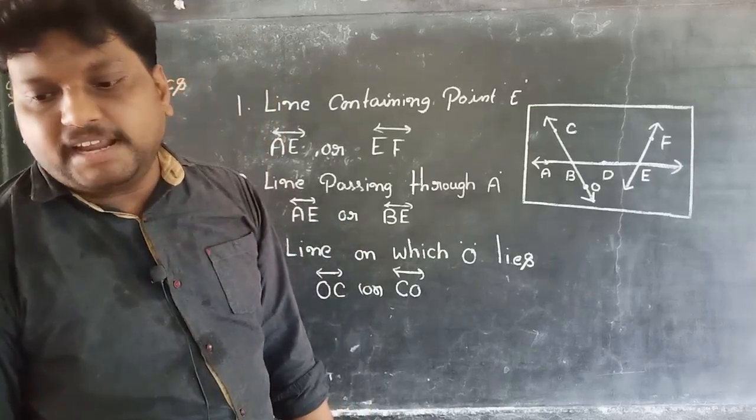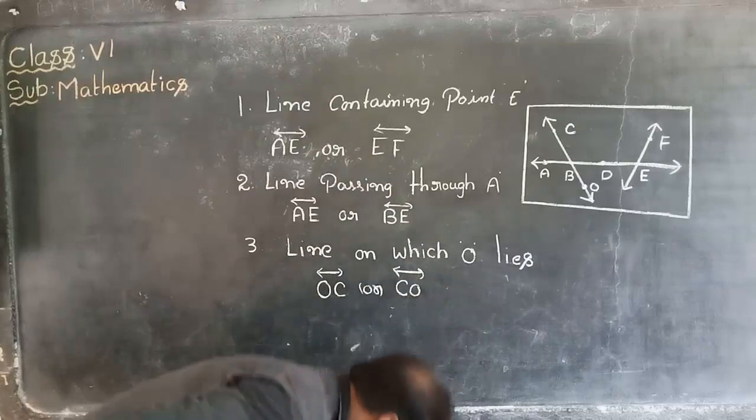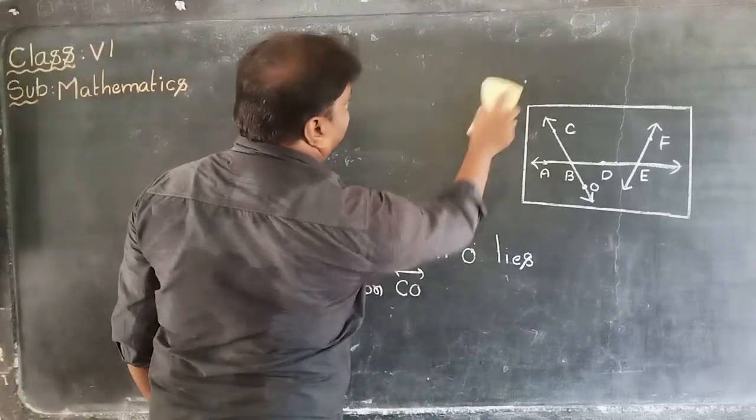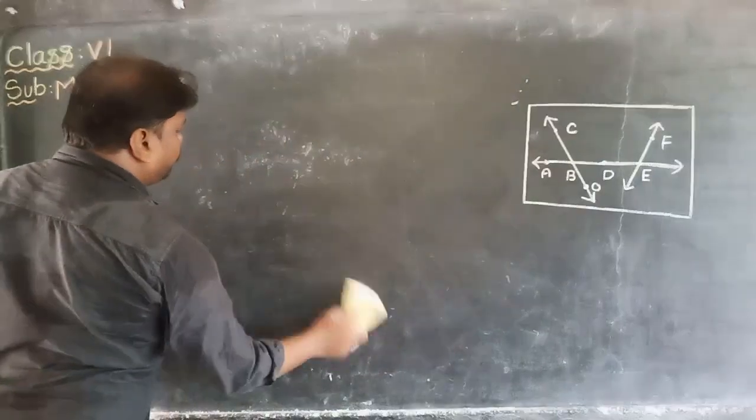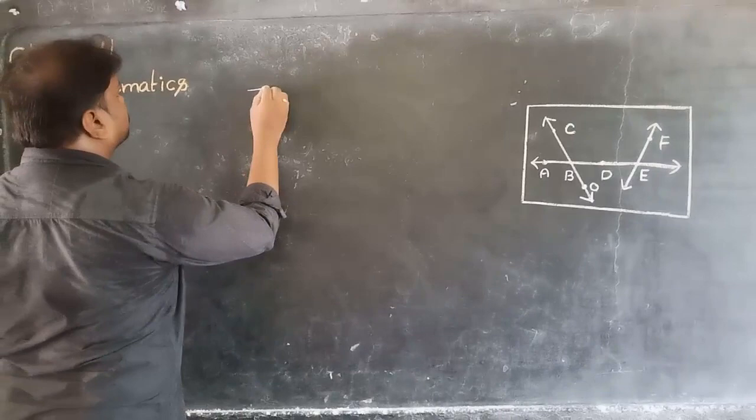Next one, two pairs of intersecting lines. From the figure we have to write two pairs of intersecting lines.